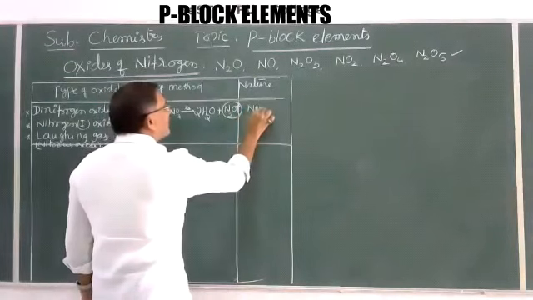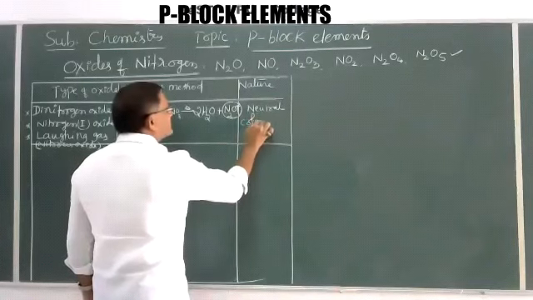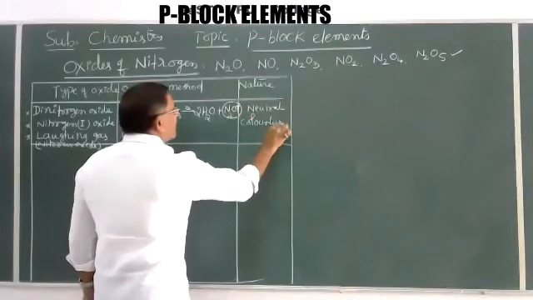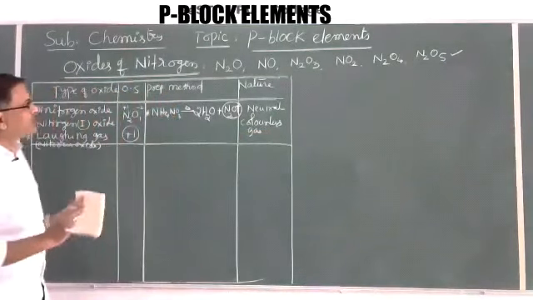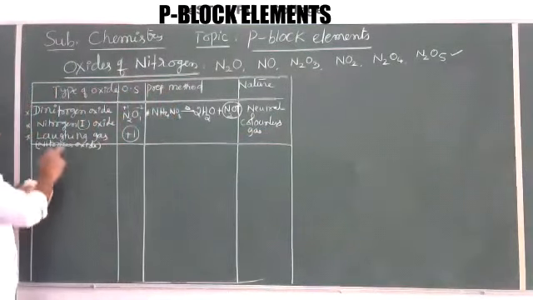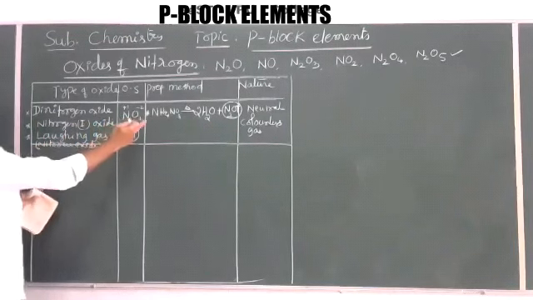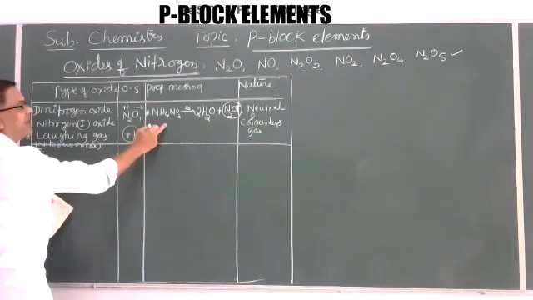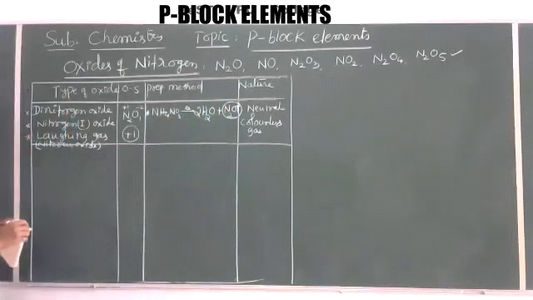It is a neutral, colorless gas. Clear. So based on this, if they ask any question, what is the main name and oxidation state? How do you prepare this nitrous oxide by using ammonium nitrate, meaning the reaction and its nature.